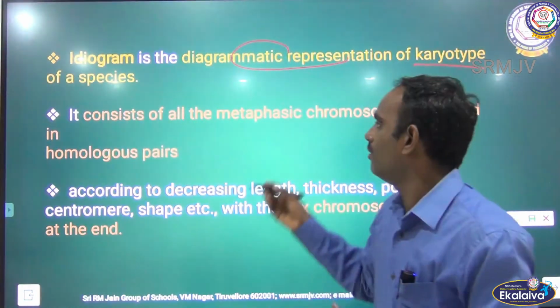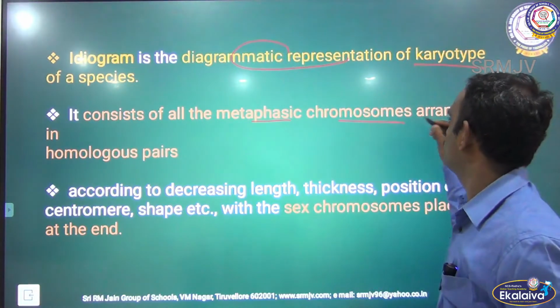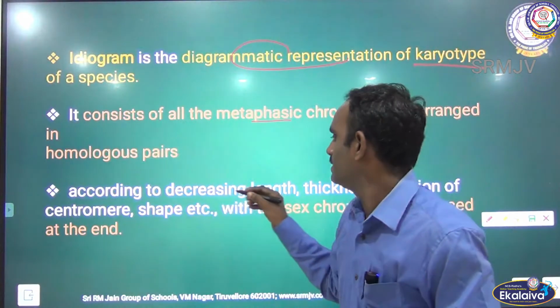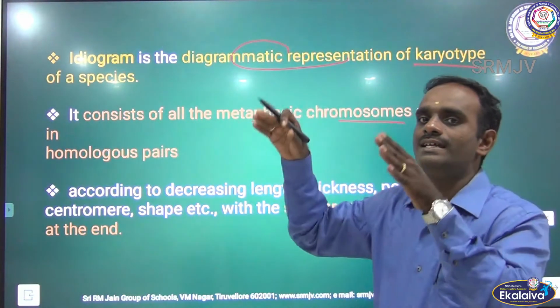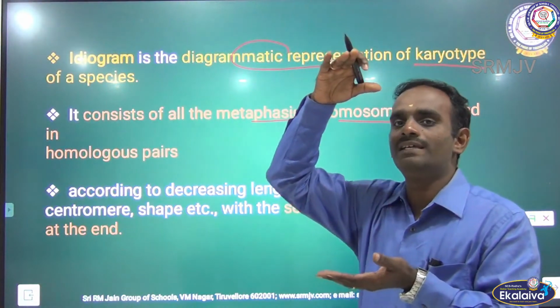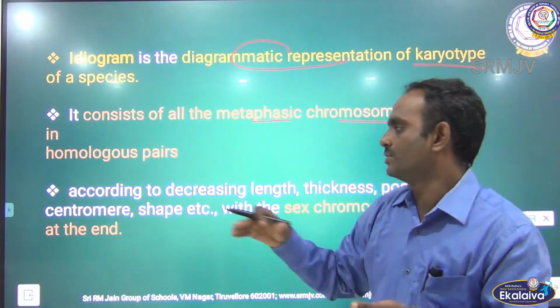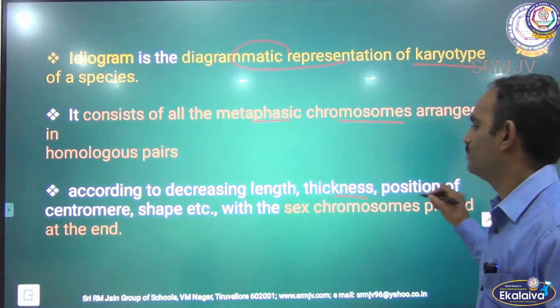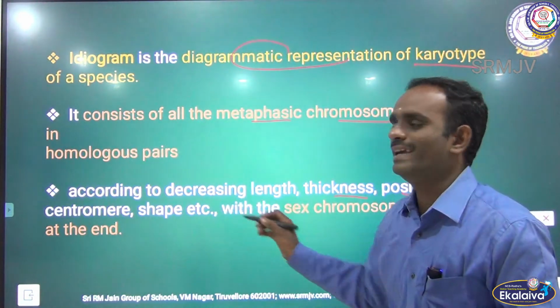It consists of all the metaphasic chromosomes arranged in homologous pairs according to descending length. The highest length is placed in the first place. They are arranged in descending order of length, thickness, position of centromere, shape, etc.